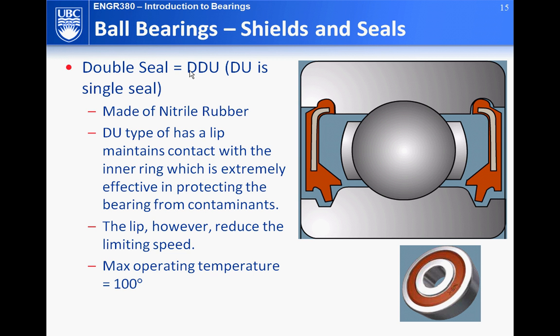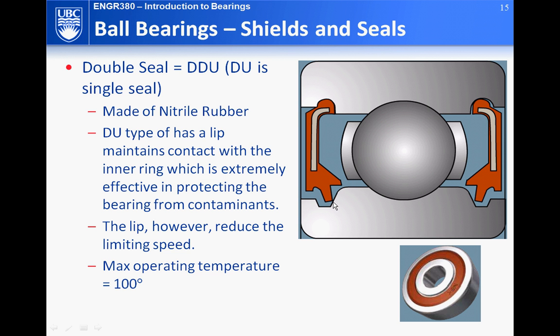So the lip maintains contact with the inner ring. There's a little contact between this rubber and the inner ring here, which means it's a pretty good seal, pretty good protection. The dirt won't go into this inner side. However, because of touching here, that provides a little constraint or limitation on the maximum speed.